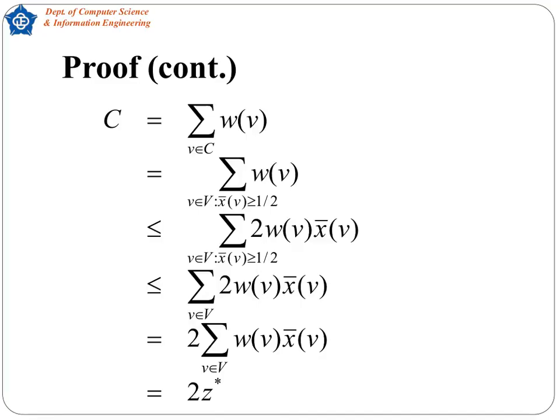Finally, since the sum over v in V of w_v x_v is exactly the optimal LP value Z, we conclude C is less than or equal to 2Z, completing our proof of the factor 2 approximation.